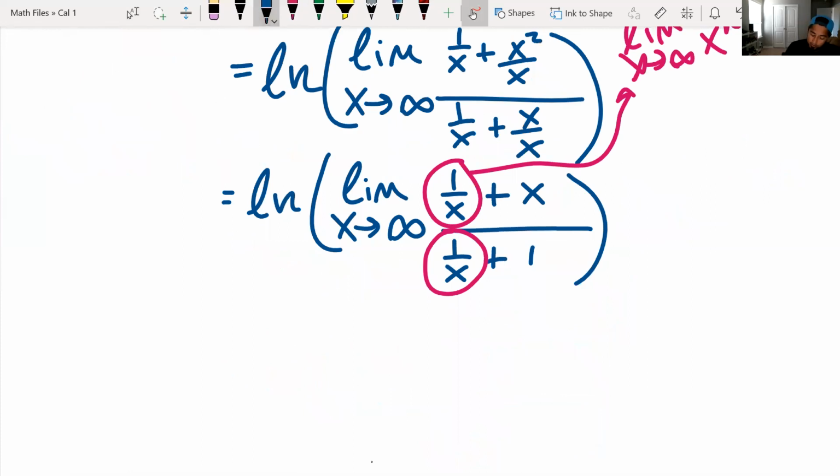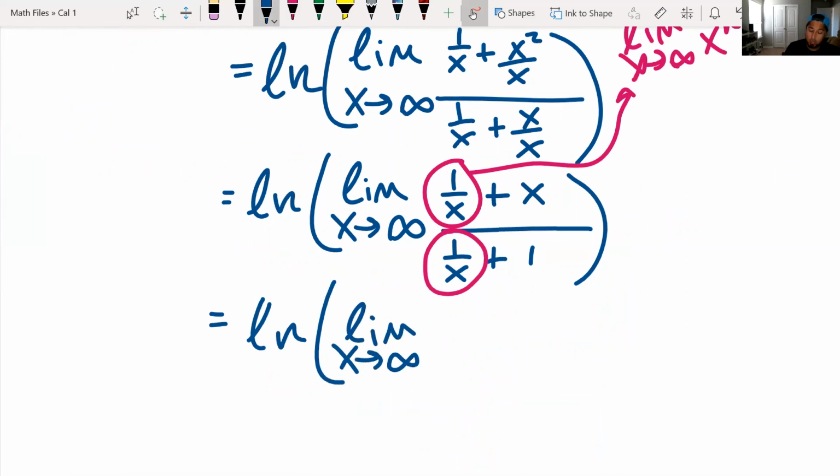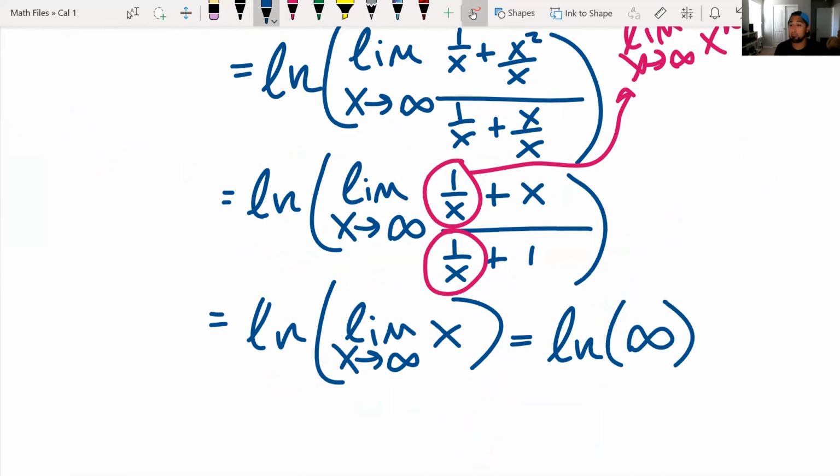And what we are left with is the natural log of the limit as x approaches infinity of x over 1, or just x. Which means, let's go ahead and plug in infinity. You'll get the natural log of infinity, which means the natural log of an increasingly large number is still headed towards where? Infinity. Good stuff.